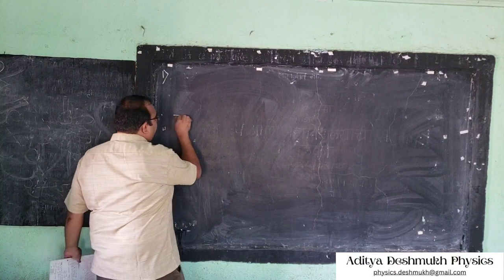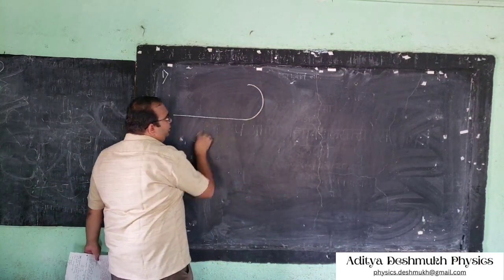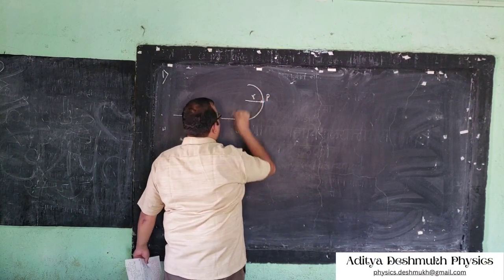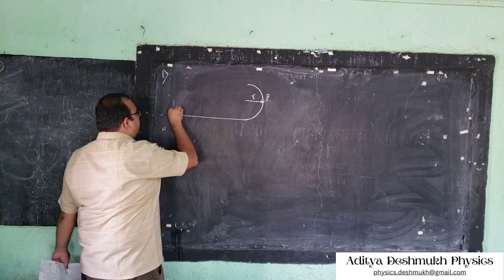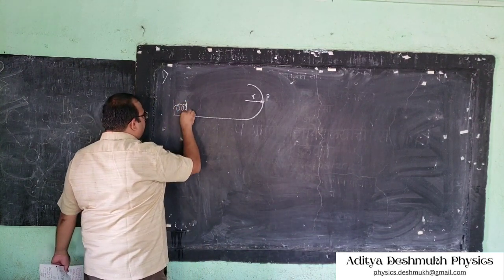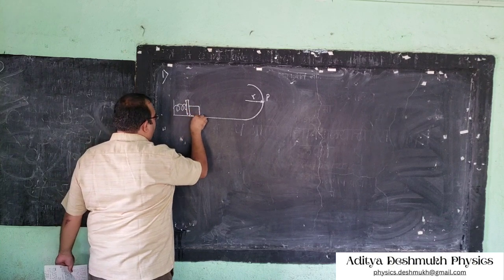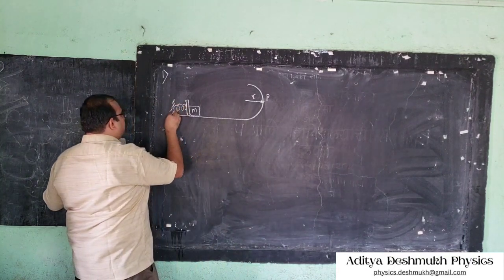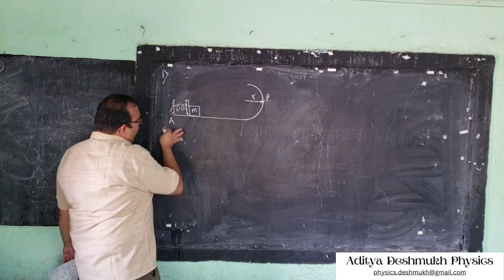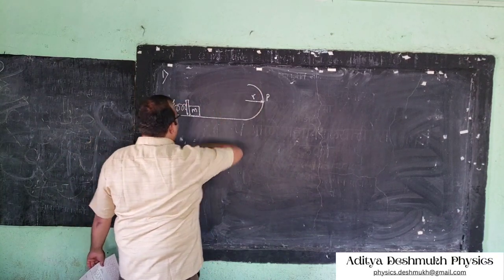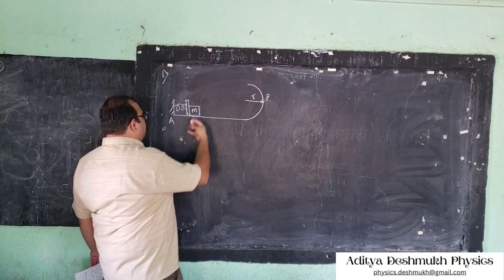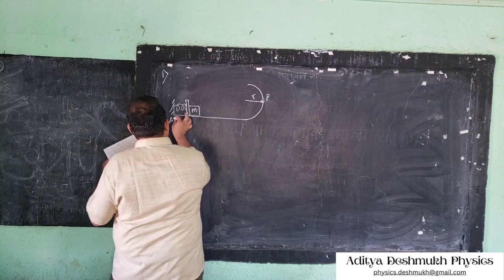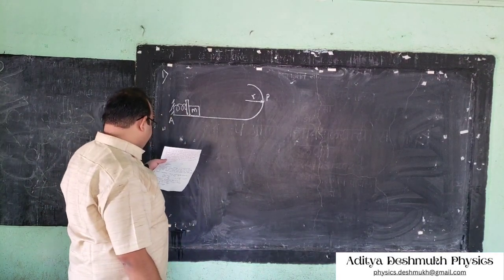So I have been given a track like this, and this is my point P where my radius is horizontal, and this is the spring, and a block of mass m is pushed using the compression of the spring, or the stored energy of the compression of this spring.